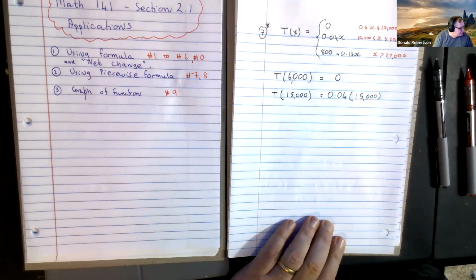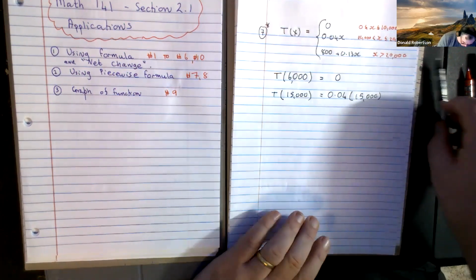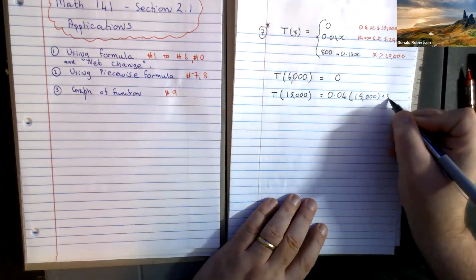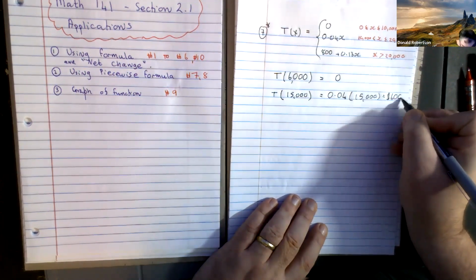I'll do a quick calculation to see what that comes to. That's essentially 4%. So 4% of 15,000, and he pays 600. So he's got a tax bill of 600.